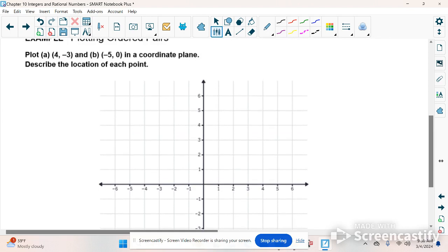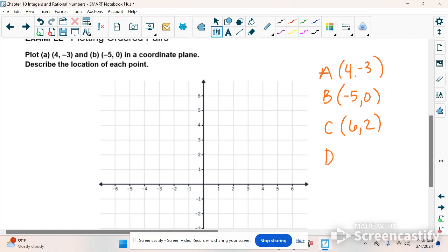Here the directions only give us a few points to plot. I want us to plot more than this. So we've got A, 4, -3. B, we've got -5, 0. And then I want us to find C, 6, 2, and then -3, -4.